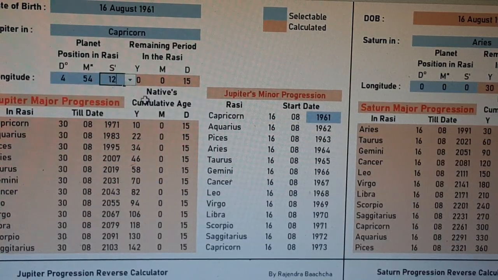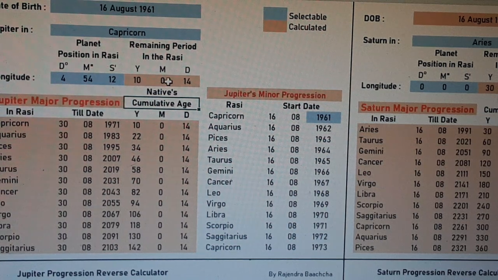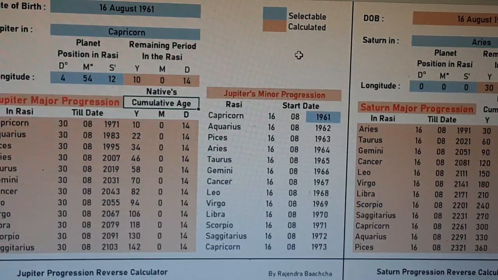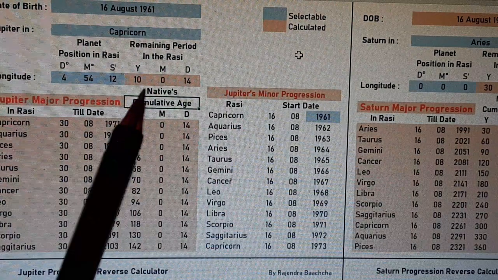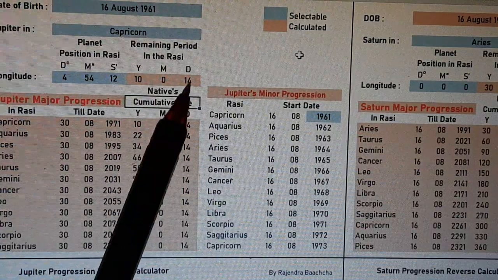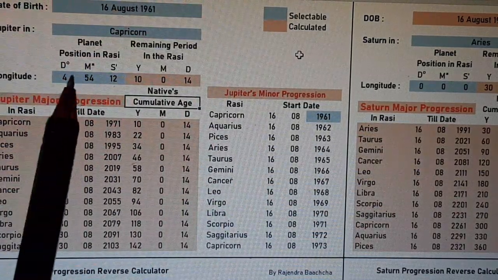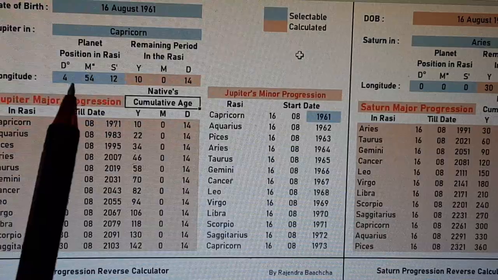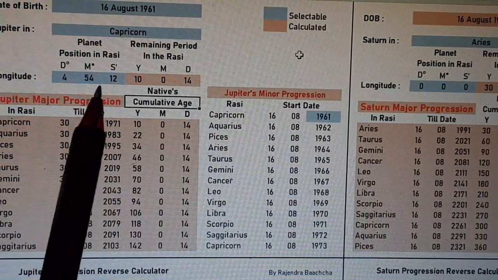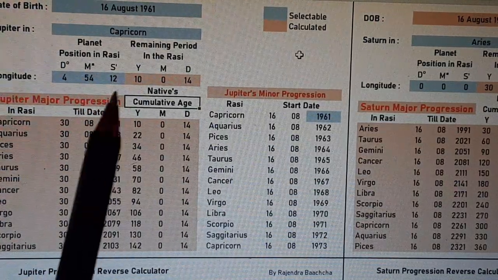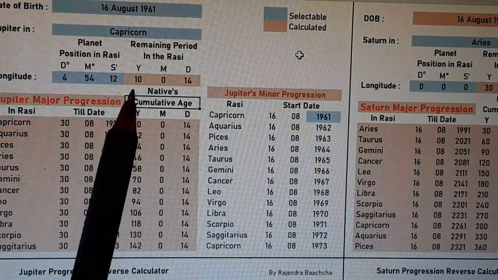Here it is 54 minutes and 12 seconds. You can see it is 10 years 0 months 14 days left to complete the Capricorn Rasi. Jupiter has to travel this much time. The time travel for Jupiter is this, and the degrees travel for Jupiter will be 30 minus this degree, which comes to about 25 degrees 05 minutes 48 seconds.